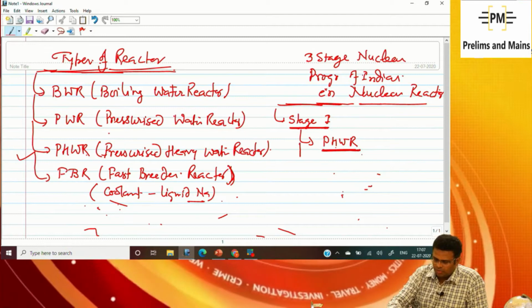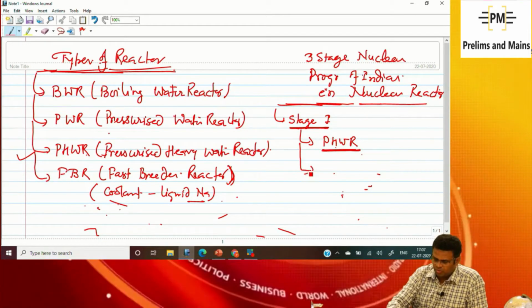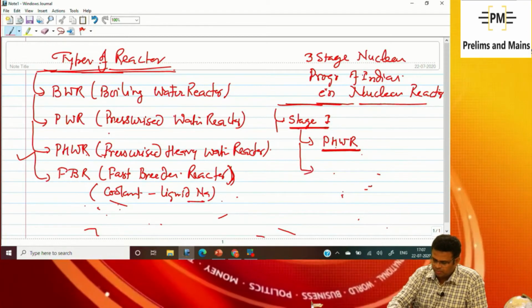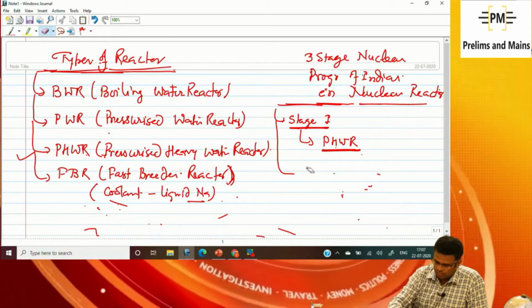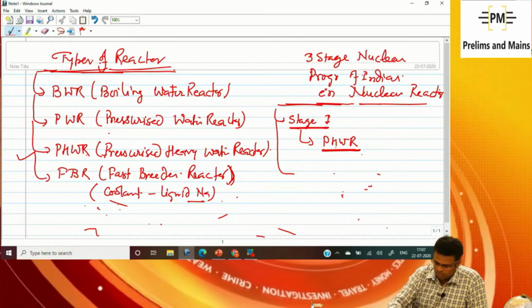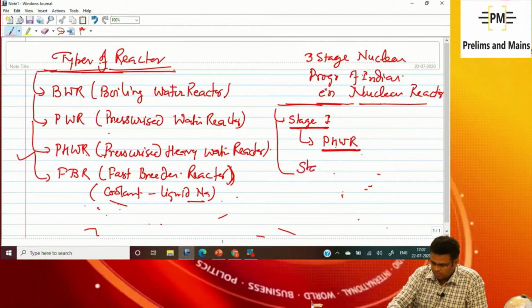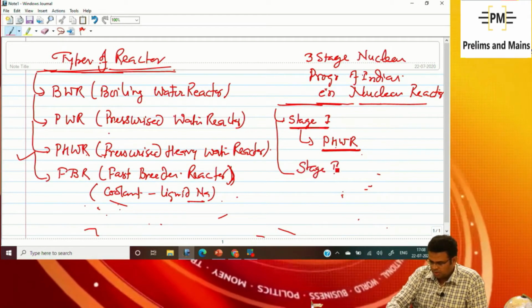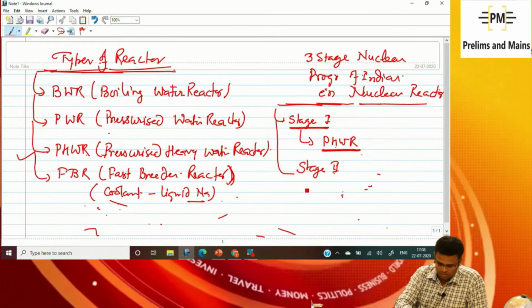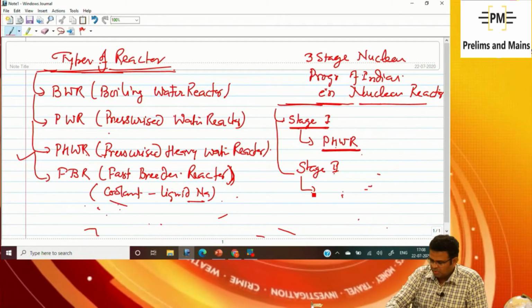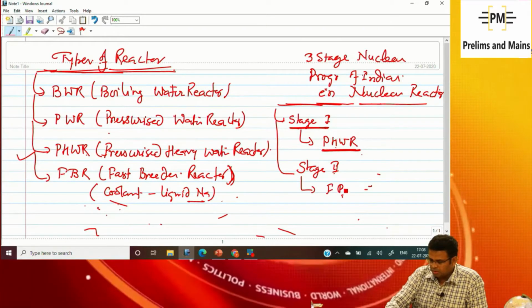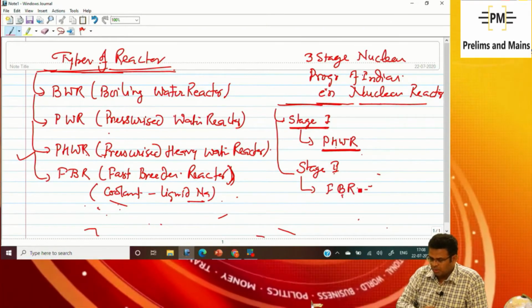The second one, stage 2, is the fast breeder reactor.